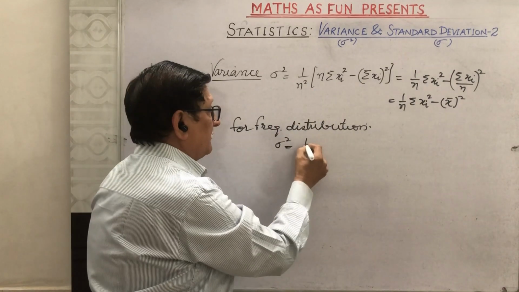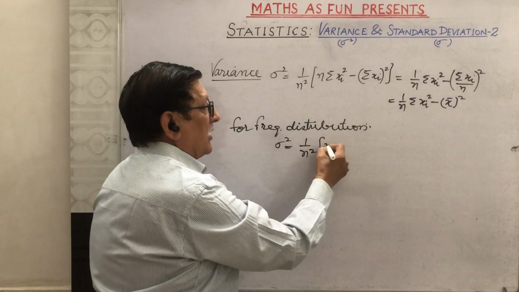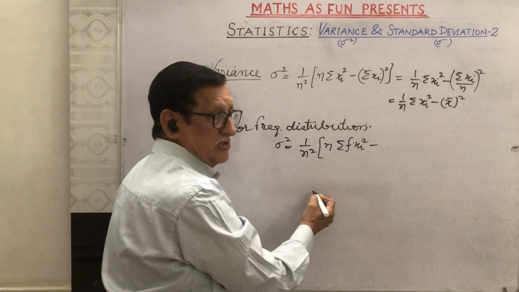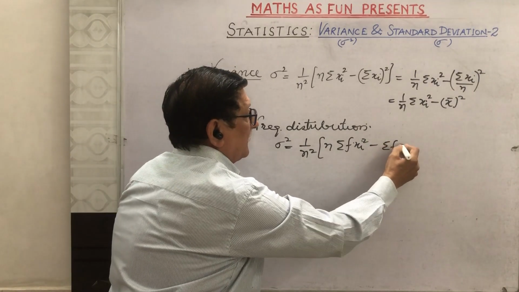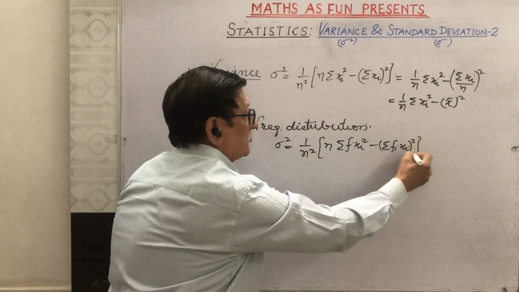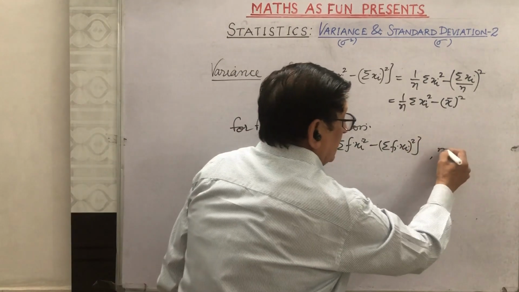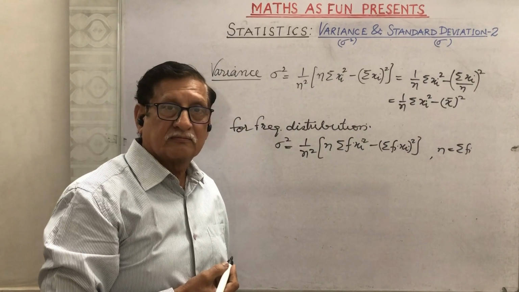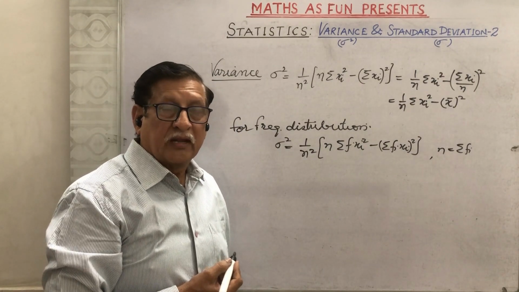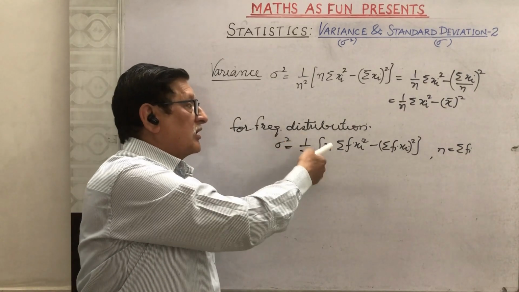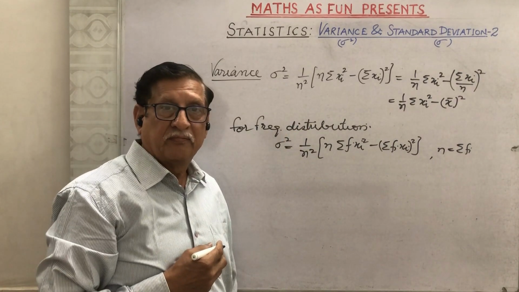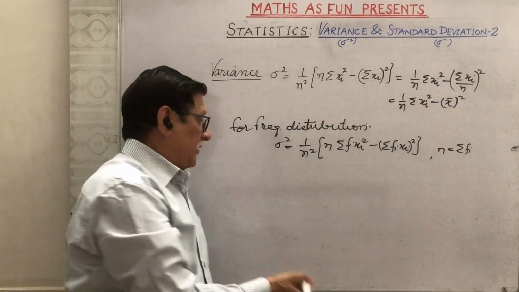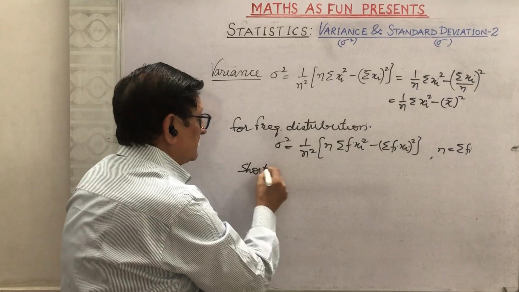So the formula will become 1 upon n square, n into sigma fi into xi square minus sigma fi into xi whole square, where we know that n is sigma fi, that is the sum of the frequencies. Now in case we are finding xi is very large, then we can reduce it to the shortcut method.